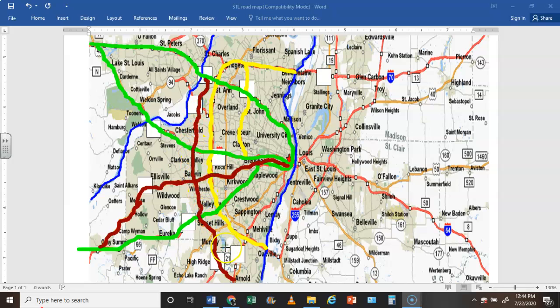This road right here is known as Highway 141. Highway 141 is also known as Woods Mill Road. Originally, Woods Mill Road basically started right above Highway 40 and then just went straight down into the Arnold area. But then recently what they did is they extended it out and made it now connect into Highway 70.